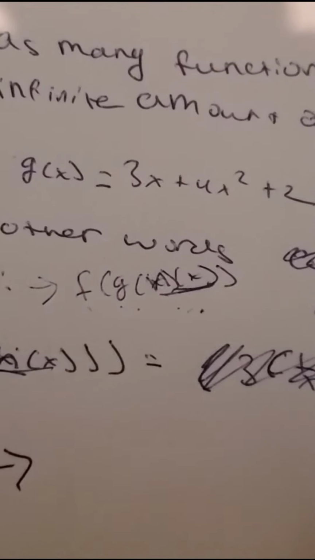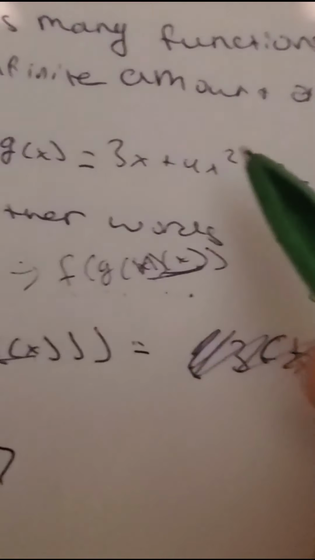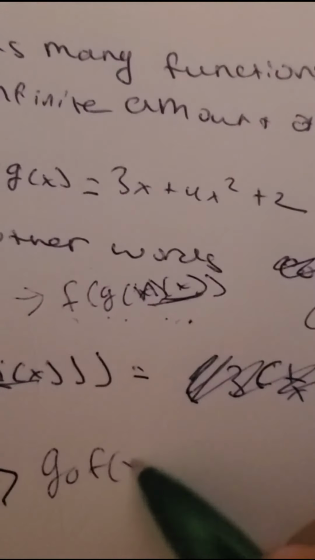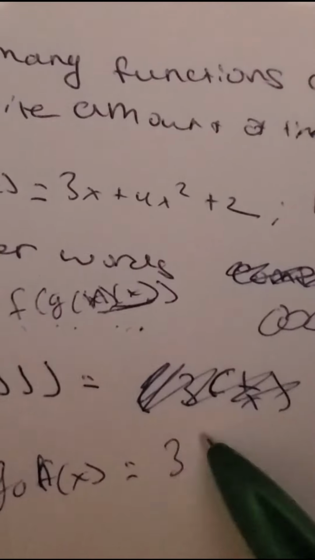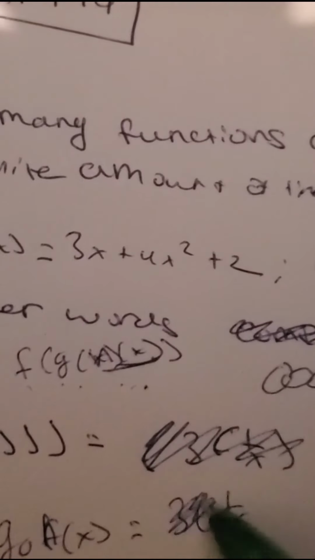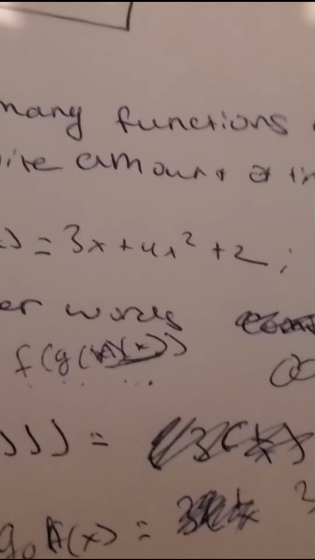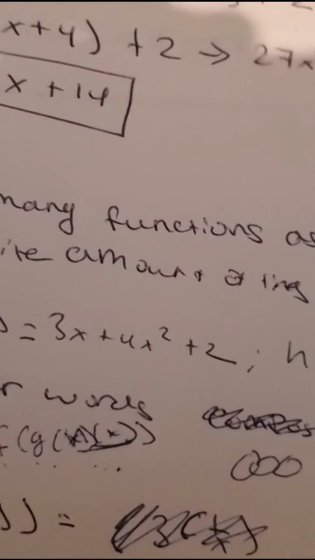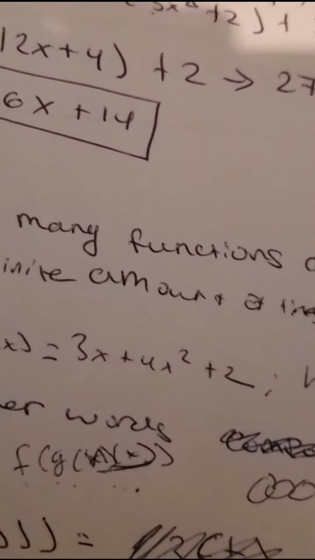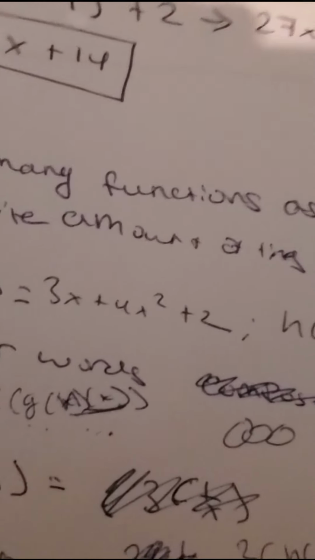So we're going to plug h of x into each value of x in g. So g o h of x is equal to, we're going to put 3 times h of x plus 4 times 1 over x squared plus 2.